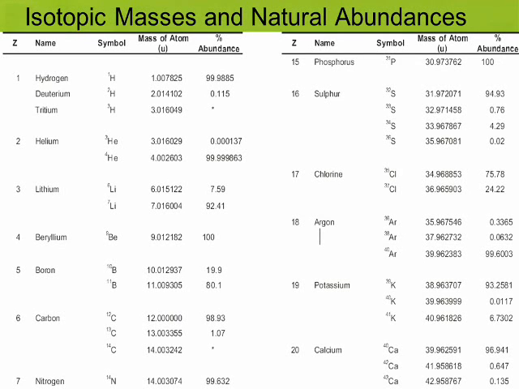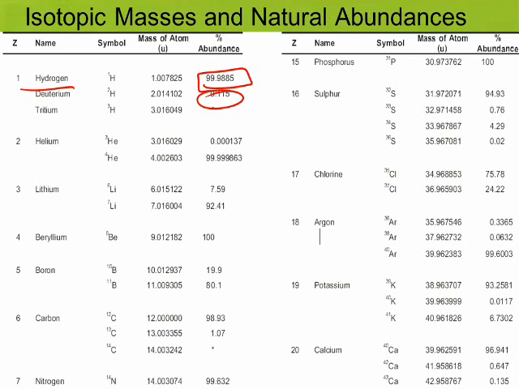So how you get that decimal point of the mass is related to the percent abundance of those isotopes, meaning the percent abundance is how much that occurs in nature, the natural abundances. So you can see hydrogen-1, 99% of hydrogen is hydrogen-1.